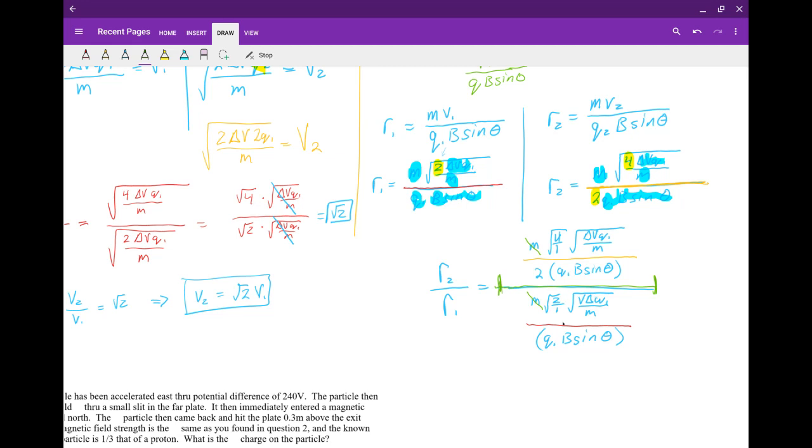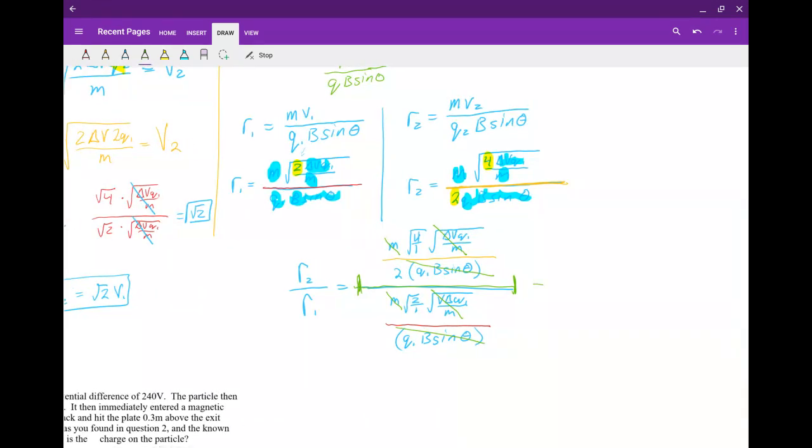If I take this bottom fraction and reciprocate it and multiply it over here, I'm just going to end up with an M in the numerator and an M in the denominator, and those two M's will cancel. Then same thing, I'm going to end up with the square root of delta V Q1 over M in the numerator, and this one's going to end up in the denominator. So those guys will also cancel. Boom, boom. And then if you look closely, my Q1 B sine theta will also cancel.